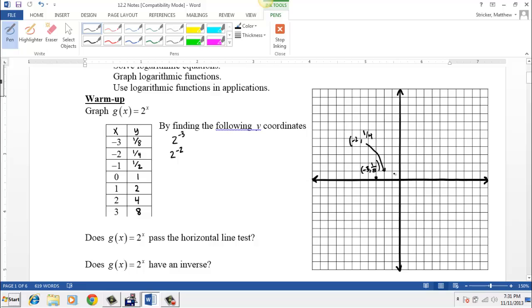We have -1, 1/2. We have 0, 1. And we have 1, 2. We have 2, 4. And we have 3, 8.